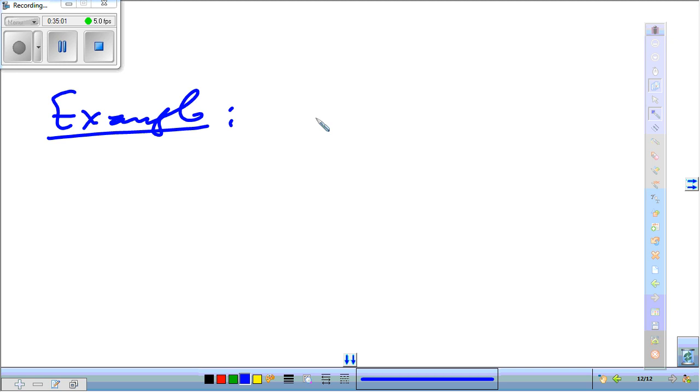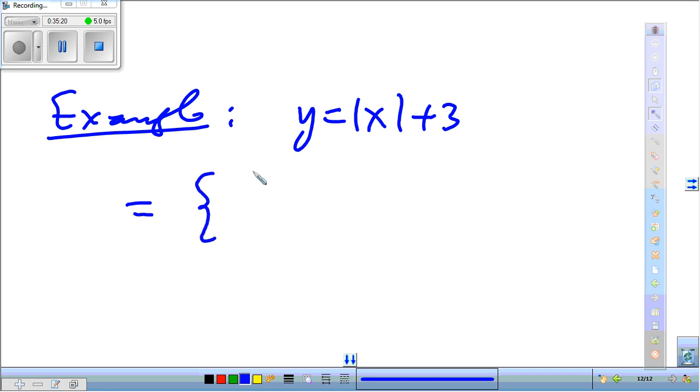Now let's take another example. Y equals absolute value of X plus 3. And look at this situation. We'll need the derivative. In the absolute value form, that might be more difficult. We could look at limits, but we could break this up into piecewise continuous parts.